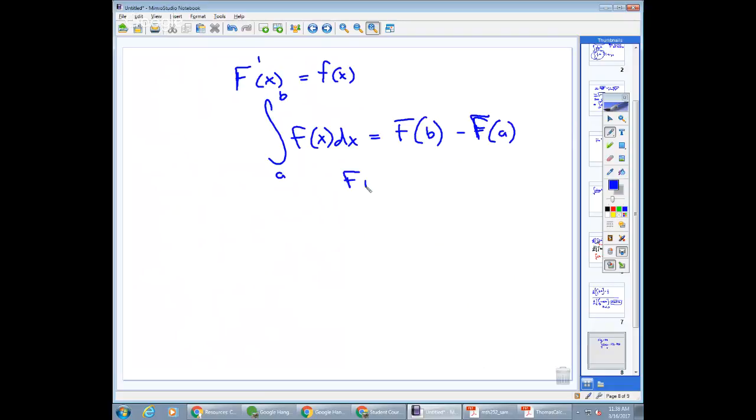And this is the fundamental theorem of calculus, part 2. It lets us use any antiderivative of the function to evaluate at the endpoints and skip the whole Riemann sum stuff in between.